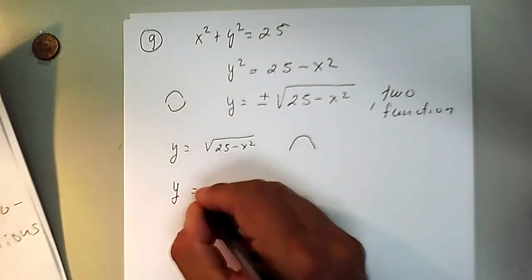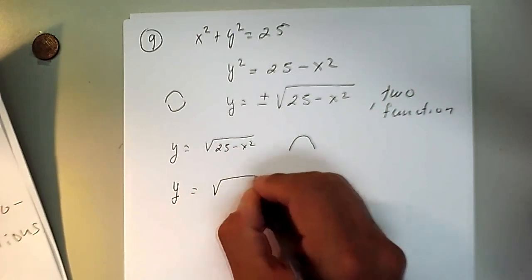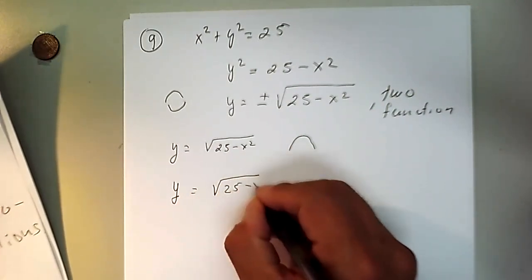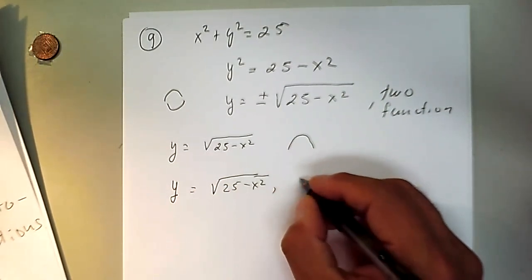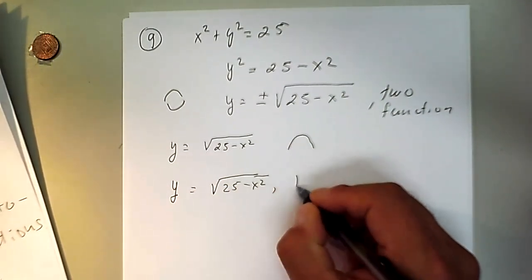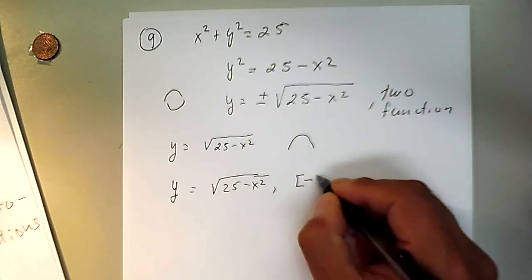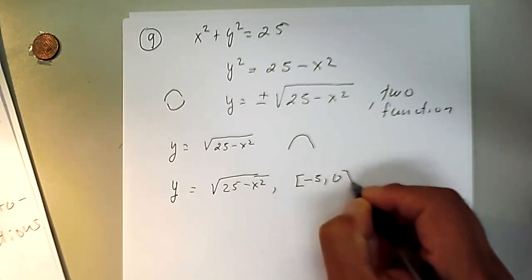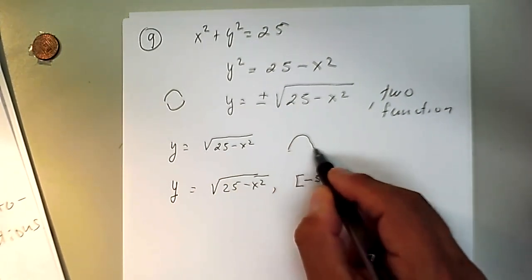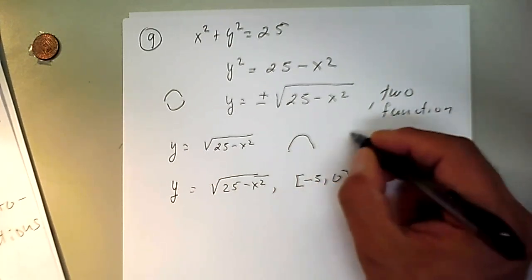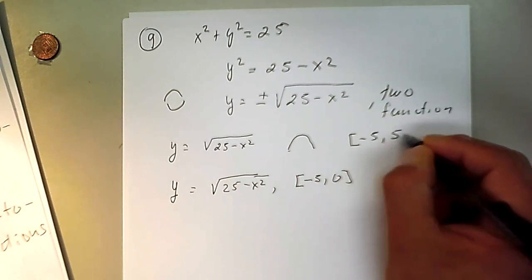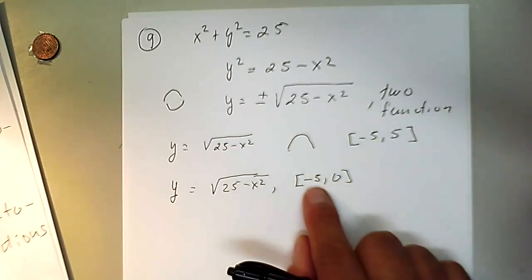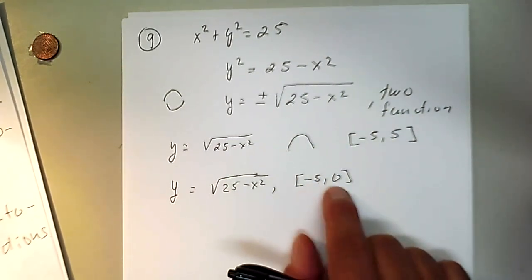So what we're going to do is square root of 25 minus x squared, comma, we're going to put the domain from -5 to 0. Because this goes from -5 to 5, so the implicit domain is from -5 to 5, but we want now the domain to go from -5 to 0.